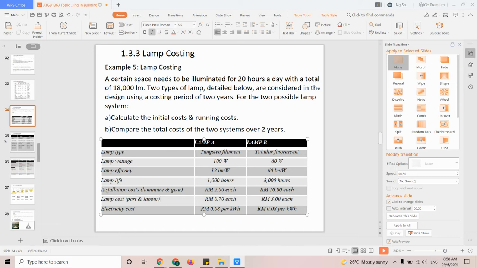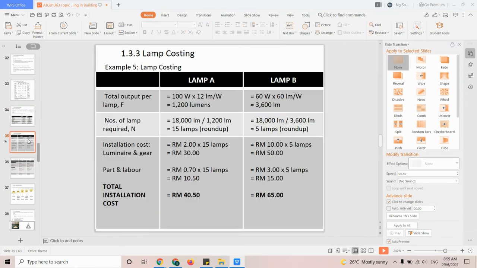But usually this installation cost will include all the wiring costs as well. And then finally you have your electricity cost, which you have to take into account when you are considering the running cost. So with that, you have all the information required to find out the total cost of this system over a period of 2 years.